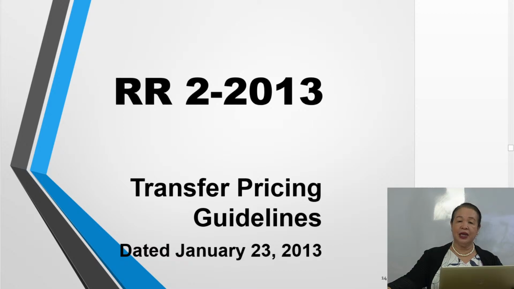And ang latest naman sa BIR, aside from this RR 2-2013, gumawa na rin siya ng RAMO or yung Revenue Audit Memorandum Order 1-2019, which is the Transfer Pricing Audit Guidelines. And yung latest, yun yung BIR Form 1709 for the transfer pricing documentation that should be attached during the filing of the annual income tax return for those companies who have related party transactions.